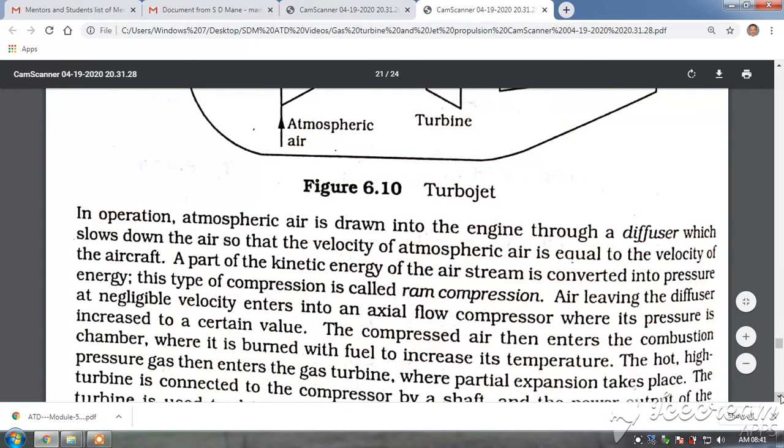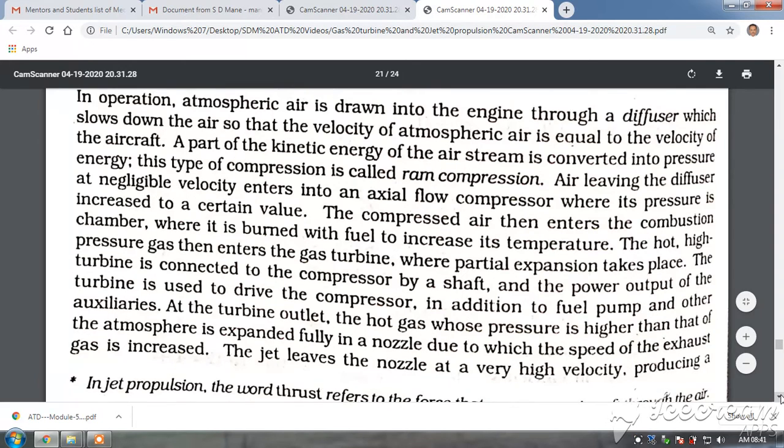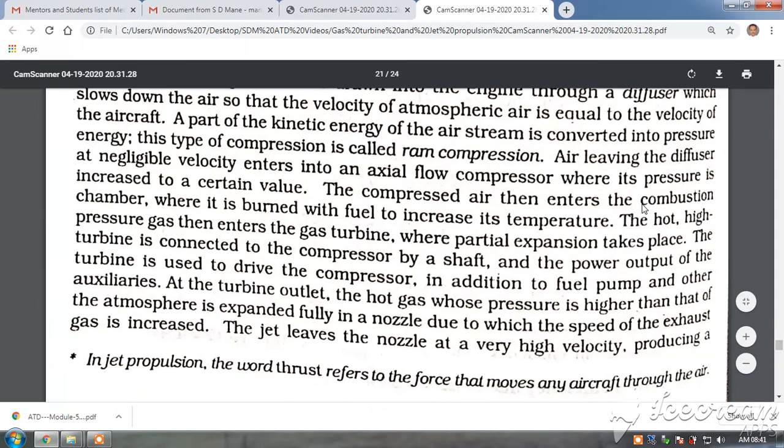Air leaving the diffuser at negligible velocity enters the axial flow compressor, where its pressure is increased to a certain value. In the compressor the pressure is always increased. The compressed air then enters the combustion chamber, where it is burned with fuel to increase its temperature.